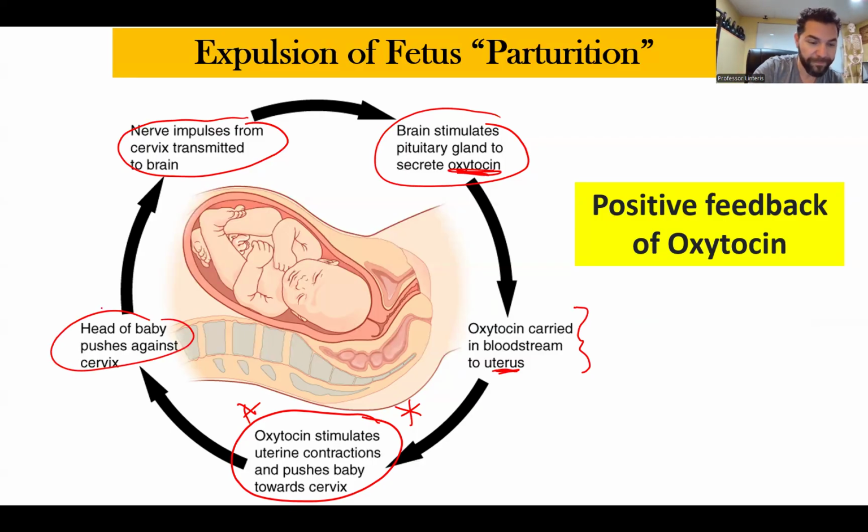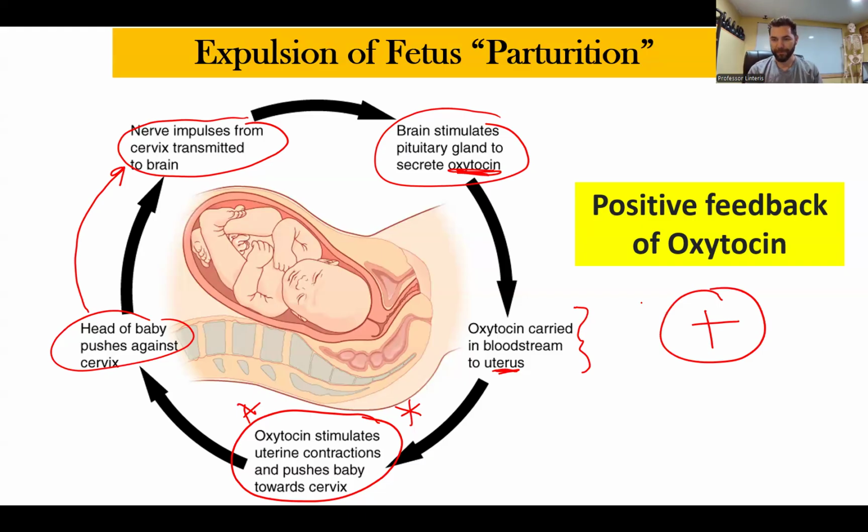That stretching of the cervix sends nerve impulses to the brain, where we release more oxytocin, causes further uterine contraction. So instead of something counteracting, positive feedback is promoting. The oxytocin triggers contraction, which promotes stretching, which triggers oxytocin, which promotes contraction, which triggers stretching. More oxytocin, right, leads to expulsion.